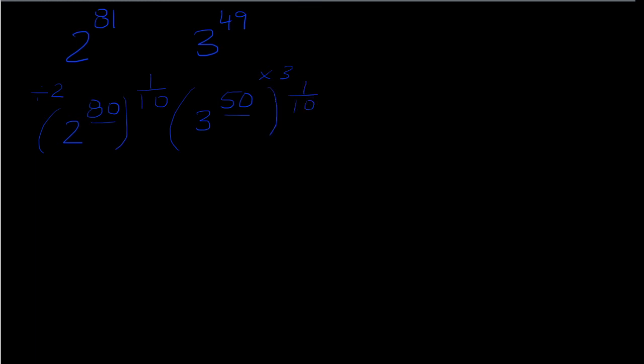80 times 1 over 10 is just 8. 50 raised to the 1 over 10th, that's just 5. 2 to the 8th, well, we can write it as 2 to the 4th squared.